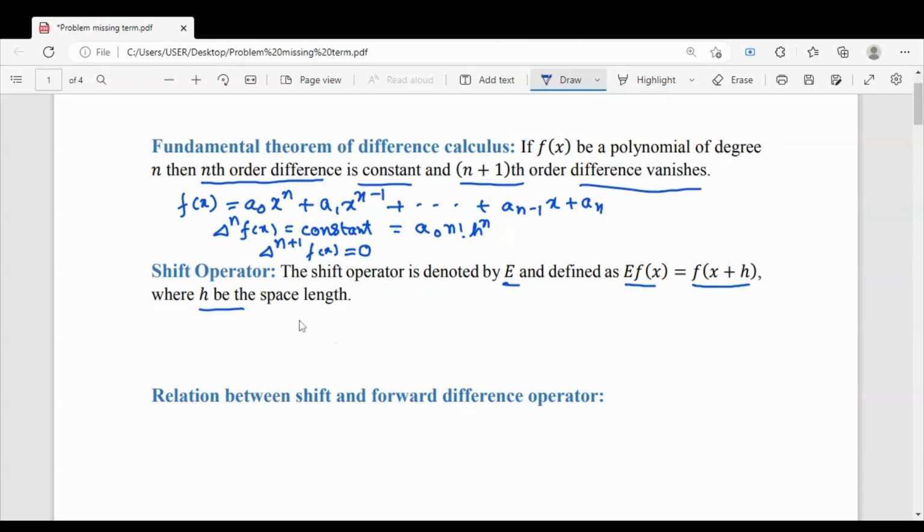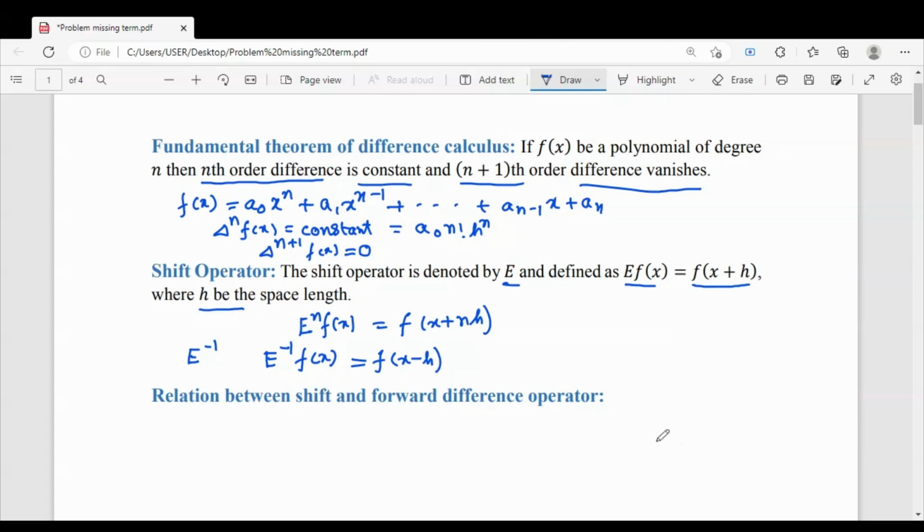We also can say that E to the power n f(x) can be written as f of x plus nh, and the inverse shift operator is denoted by E inverse and defined as E inverse f(x) equal to f of x minus h.